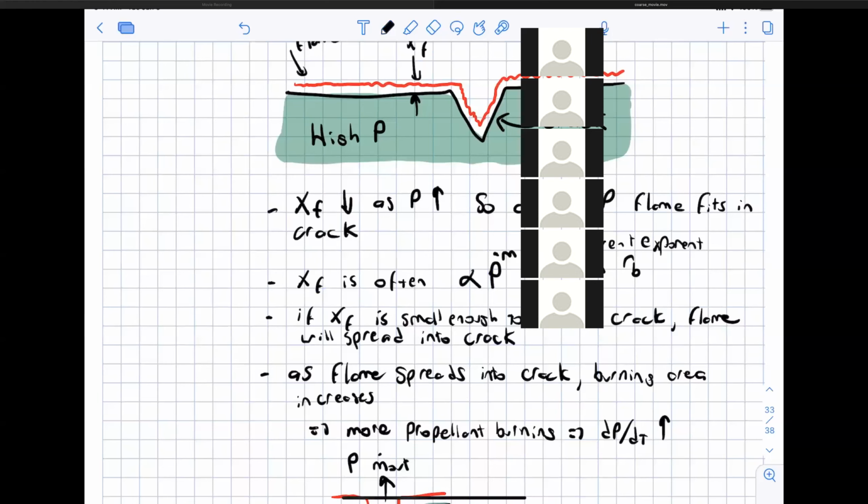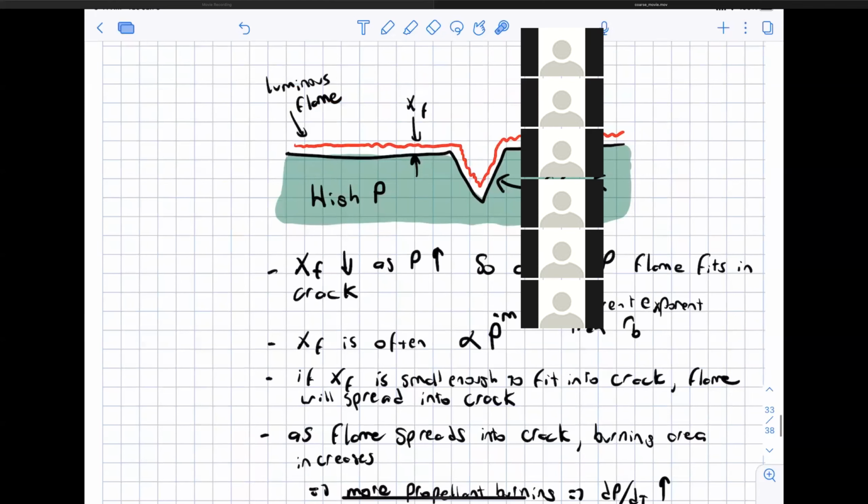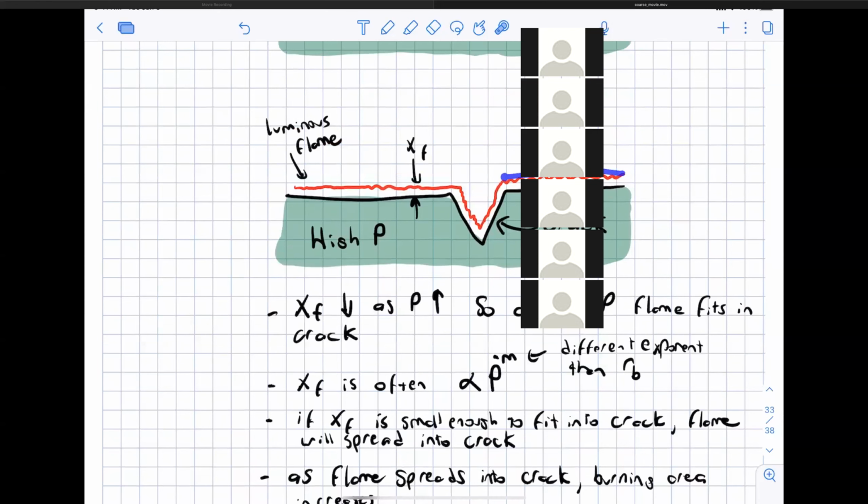Okay. Then if the flame is small enough to fit inside of the crack, it will propagate inside of the crack. Now what happens if you have a pressure where the flame can't go into the crack because it's too thick, then it suddenly reaches a condition where the flame can propagate into the crack. What it will look like is the flame will see a sudden increase in the burning surface area.